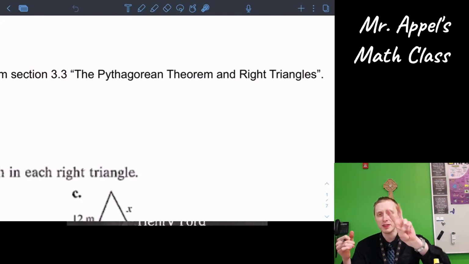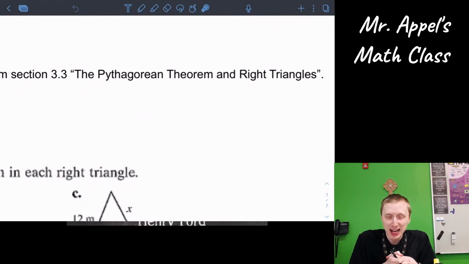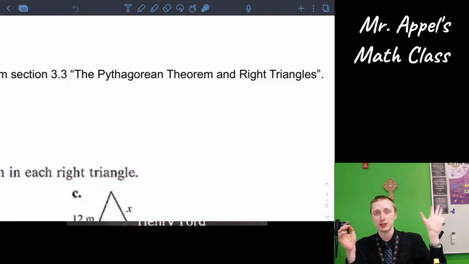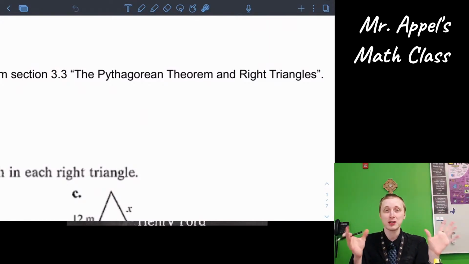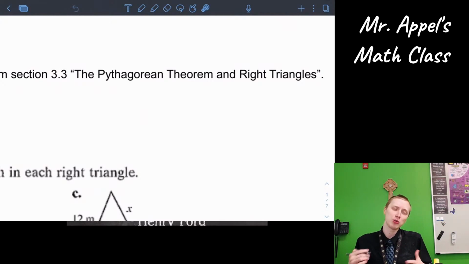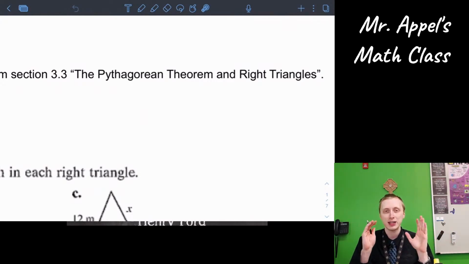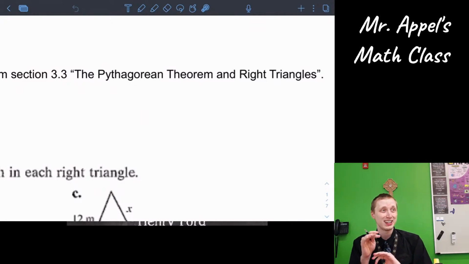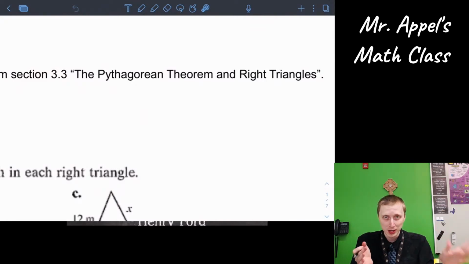The power of these two ideas combined lets us find all kinds of crazy stuff. So many things in the real world can be turned into or approximated with triangles, and if we do it just right, these special triangles allow us to solve things very quick, very easy. And we will be practicing some of that today.